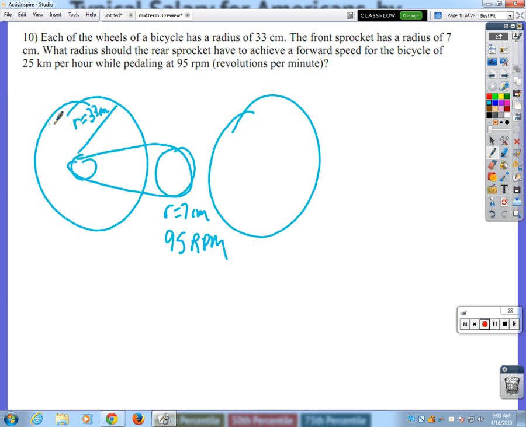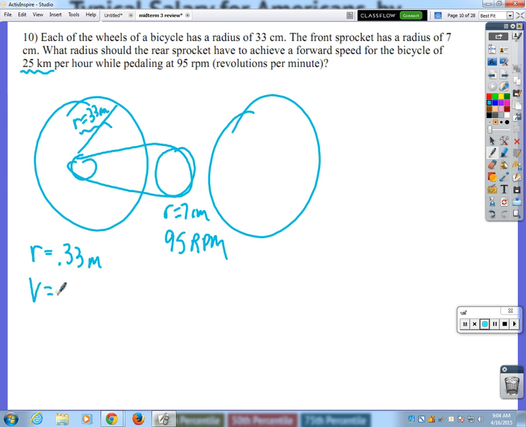Okay. So the way that we're going to figure this out is we're going to take the linear velocity and the radius and use those to give us an angular velocity. Yes? Then we're going to take the angular velocity and change it into revolutions per minute and then we're basically done. Okay? Alright, so this is in centimeters, the speed is in kilometers per hour. What units do you want to get to? Meters. So the radius is actually 0.33 meters.